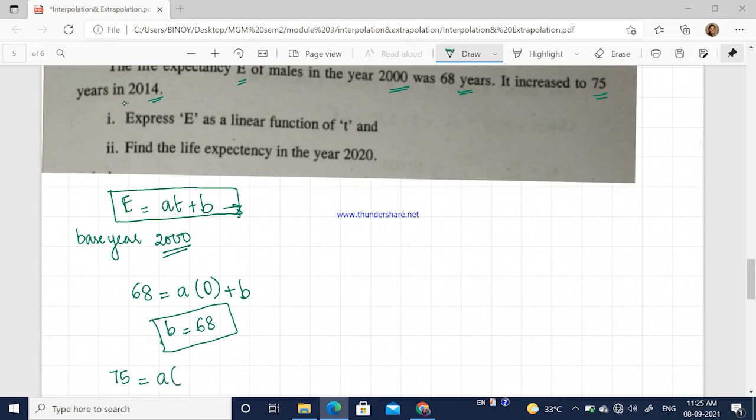The base year was 0 in 2000, and now the year is 2014, so the time is taken as 14, plus the B value, which we substitute as 68.